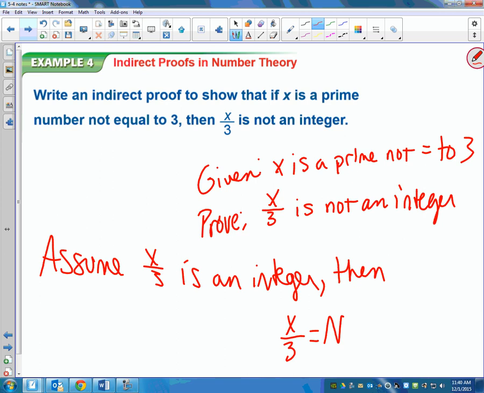Would that be the same? This is a hard proof. The triangle ones aren't as bad. If I multiply 3 over, would I get x equals 3n?